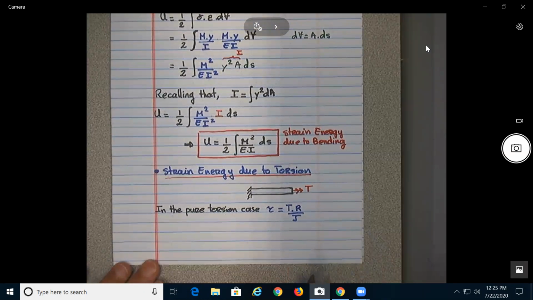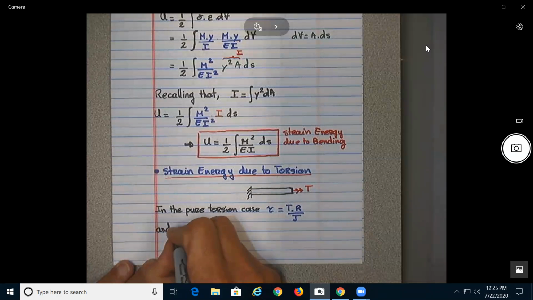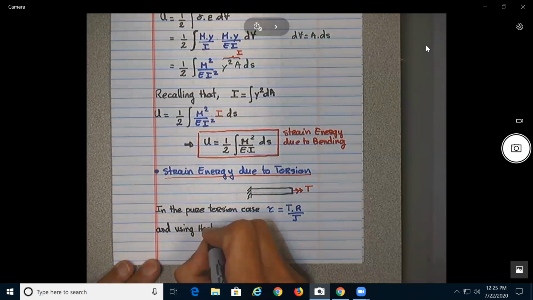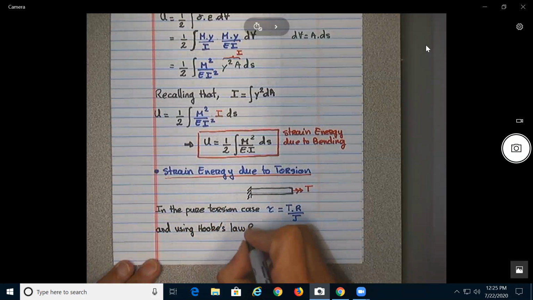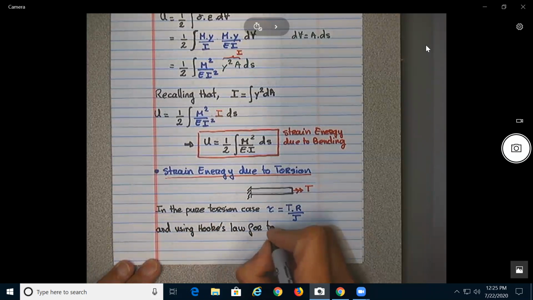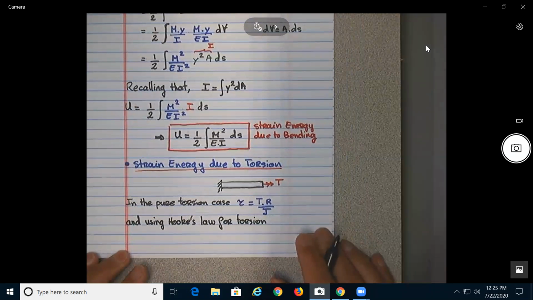And now, using Hooke's law for torsion, what is equivalent to sigma equal E epsilon for torsion?